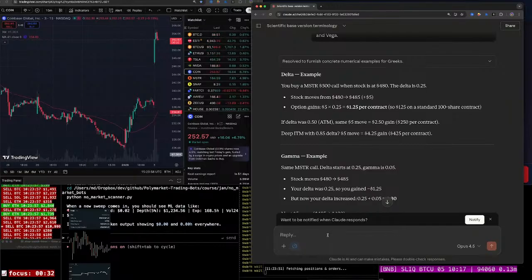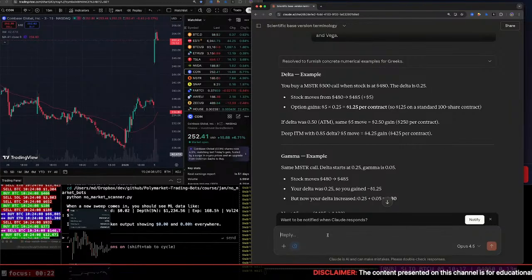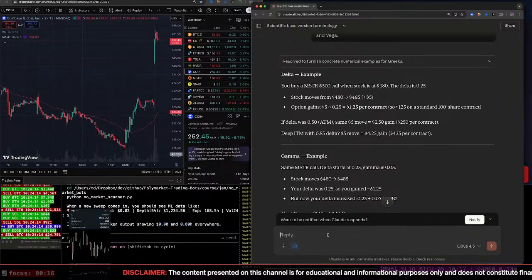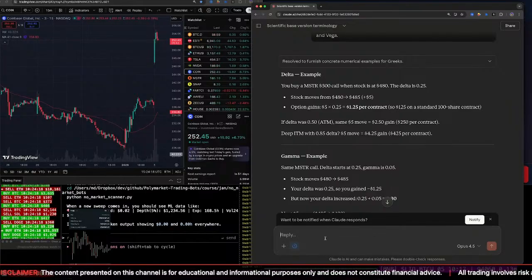And then teach me again with these actual Greeks right now on MSTR: negative 0.148 delta, and it's changing rapidly. Gamma 0.0178, theta negative 0.354, vega 0.041, and rho negative 0.0029.